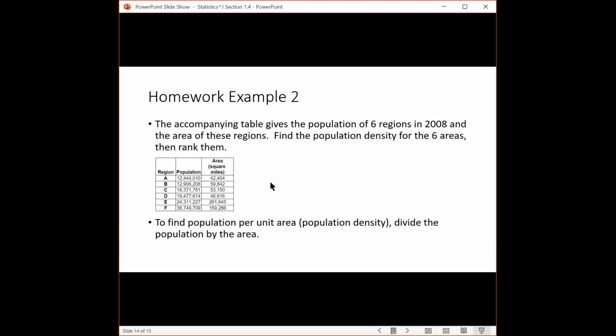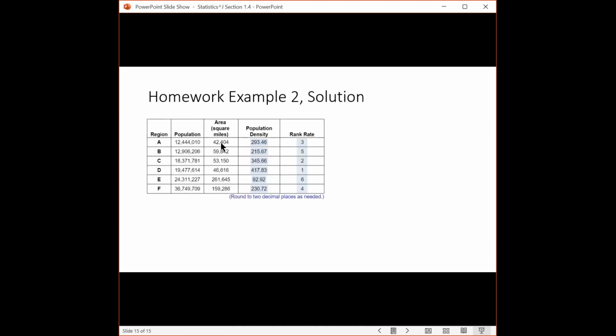All right. So here we've done that on the next page. If you take 12 million for this region, divide by 42,000, you get a population density of 293.46. So that's the number of people per square mile. Okay, that's how population density works. And then once we've done that, we can rank the places.